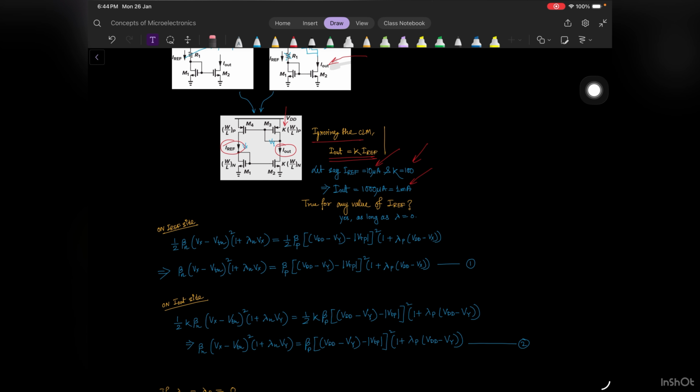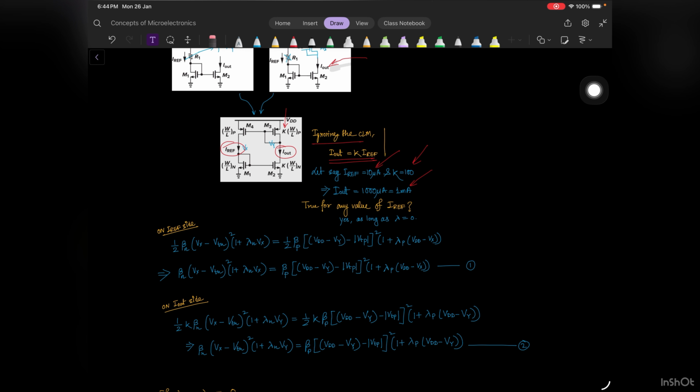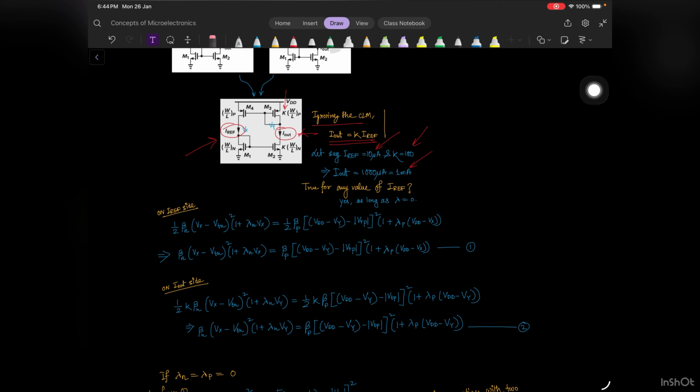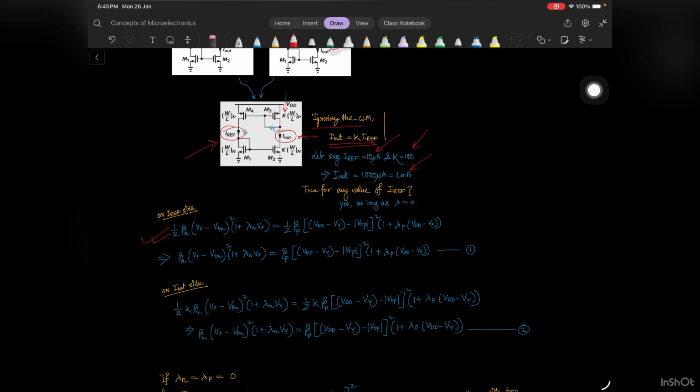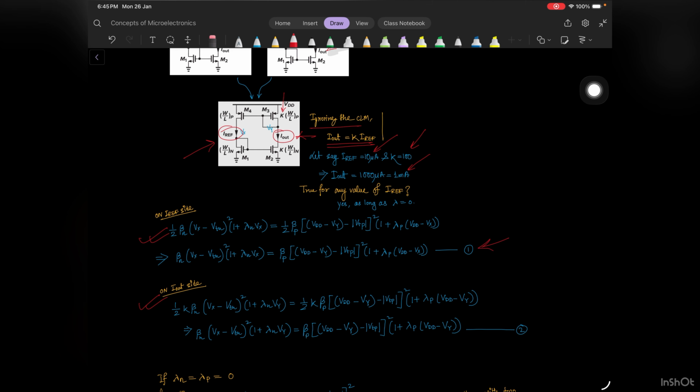So what you can do is write the KCL on both sides, I mean on this side as well as on this side. So immediately, if you apply KCL on the IREF side, you will get this equation, and this is a very straightforward equation. And on the I out side also you can write the same thing, and you will get two equations, equation 1 and equation 2.